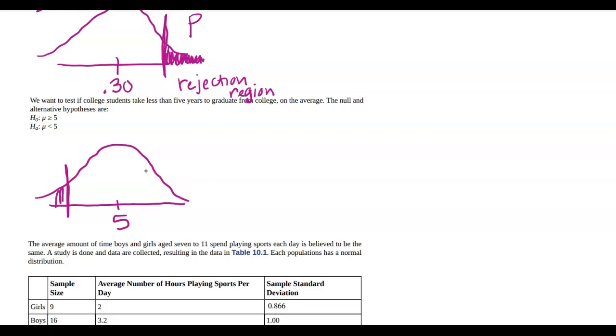So this would be my rejection region. And so I'm trying to figure out if I can find an x-bar in that rejection region. If I can, then we would say there is enough evidence to prove it does take less than 5 years. If I can't, then I don't have significant evidence in favor of that alternative hypothesis.